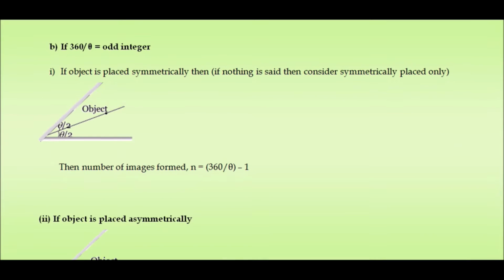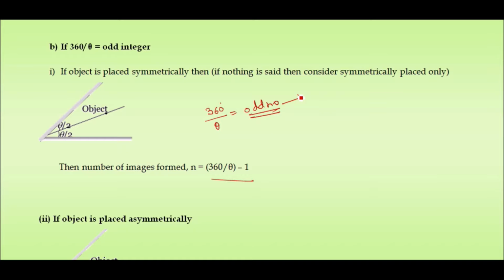Now we will see the case when 360 by theta is an odd integer, and we divide this section into two parts. If the object is placed symmetrically, then the number of images formed is 360 by theta minus 1. Suppose the two mirrors are inclined at an angle theta, and if we divide 360 by theta, we get an odd number.